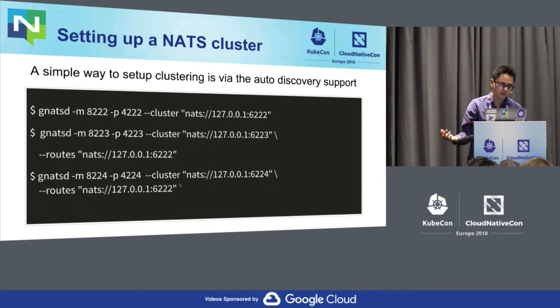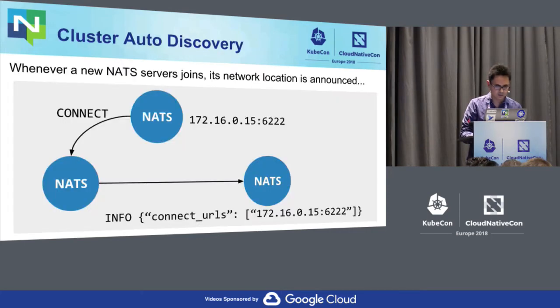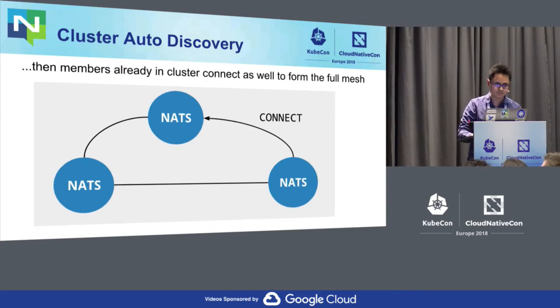Then the third node is going to join, and then the full mesh NATS cluster will be assembled. In terms of how the protocol works internally, it leverages the INFO command to gossip around what URLs are available inside of the cluster.